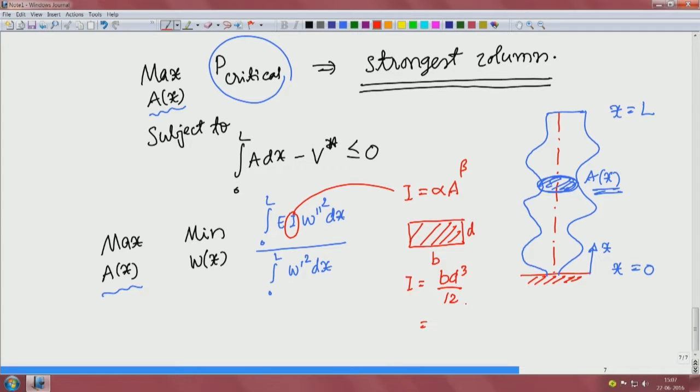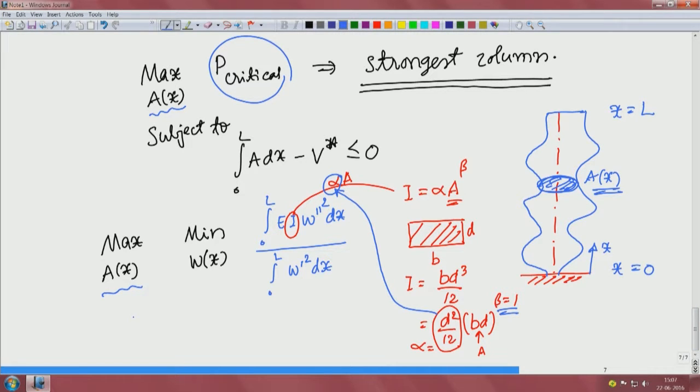Since BD is area, I will take D square out and call this BD area. So, my beta here is equal to 1, and alpha is D square by 12, if I assume the depth of the beam is fixed. We will replace I in this case with alpha into A.